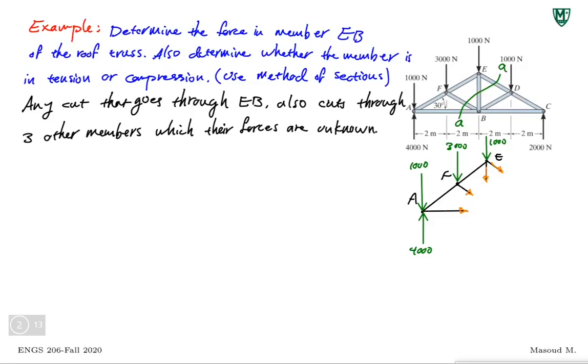I take all of them as, let's say, tension. So this one would be FAB, right? This one would be, well, I guess FFB, if I'm not wrong. This one would be FEB, and let's put that as FED.